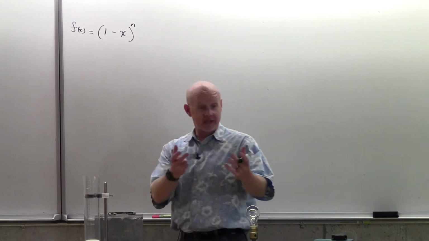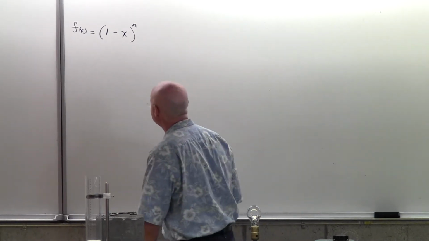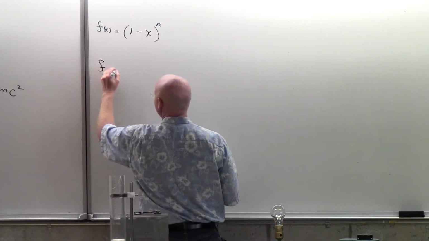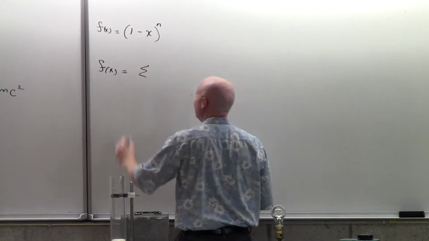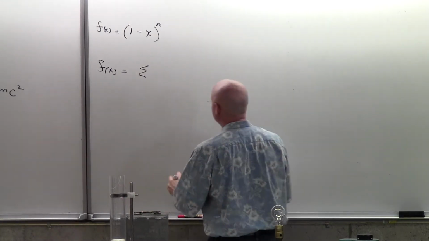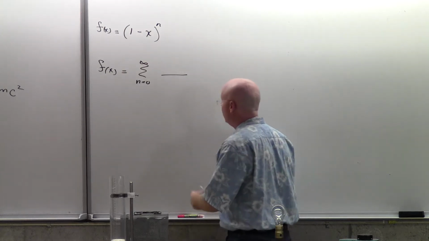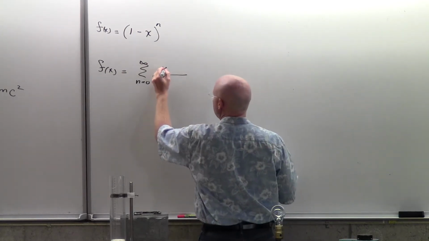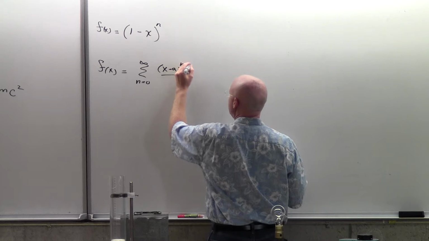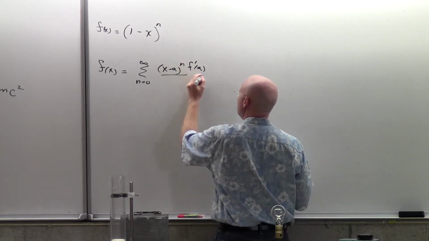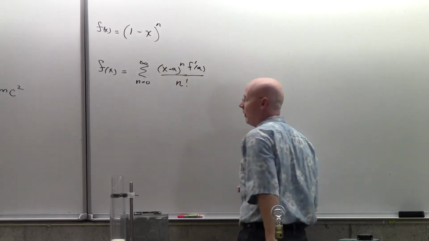You might remember, oh good, somebody said it, Taylor series, right? I can say that any function can be expanded in terms of the integer n going from 0 to infinity, expanded around some point a where I take the derivative, evaluate it at a, and divide by n factorial.